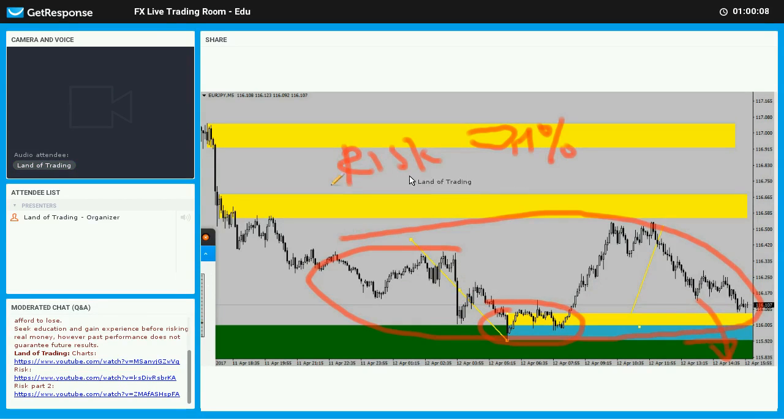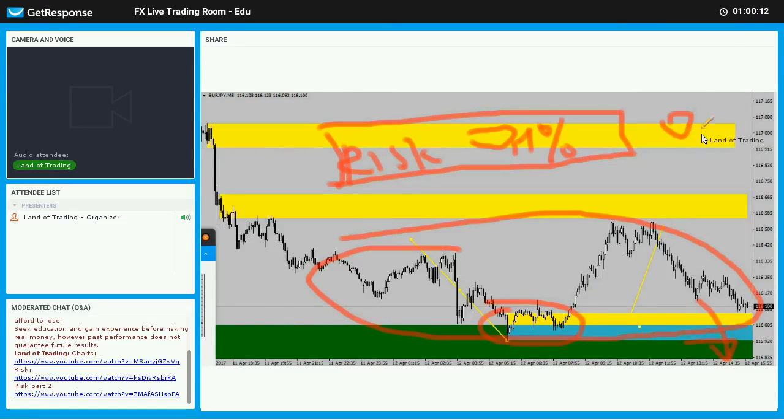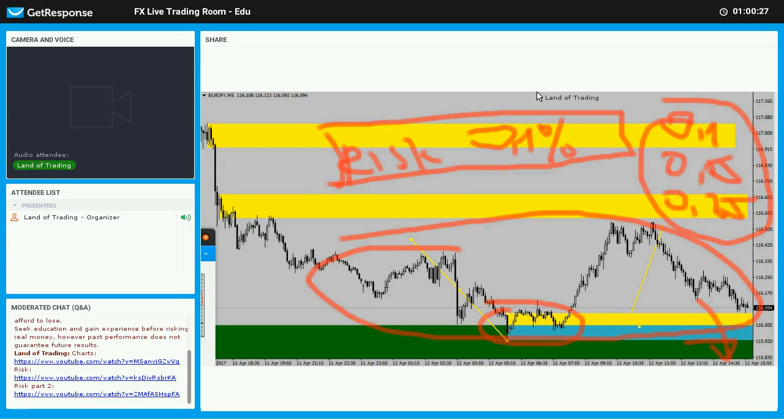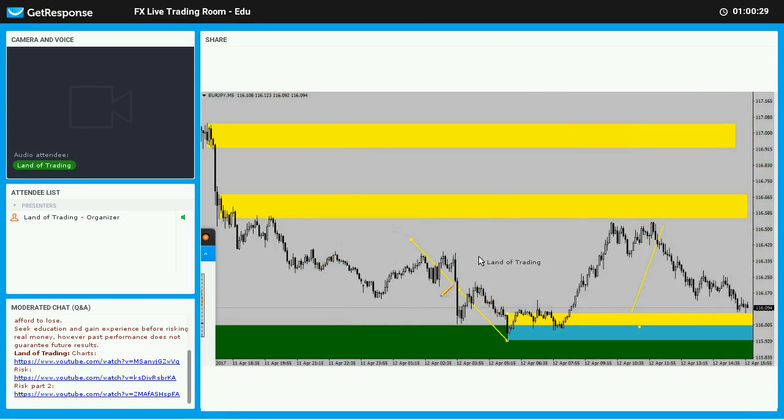But based on this whole situation over here, I'm going with this 0.1, 0.15, and 0.25 risk approach. Okay. If you don't know what I'm talking about, then go and check YouTube, please, as we don't have time to explain here.